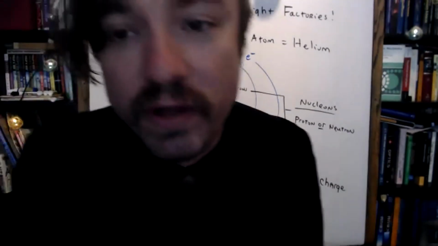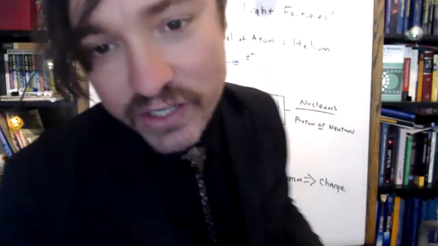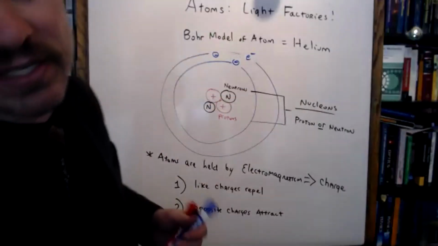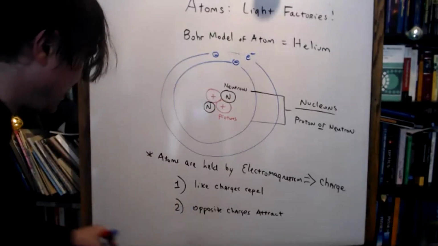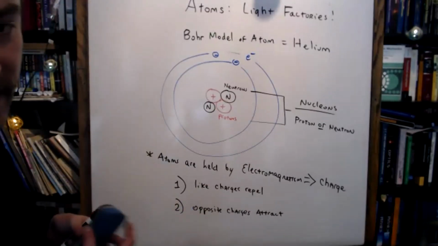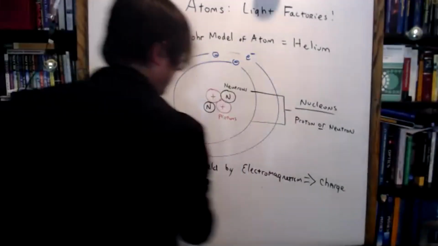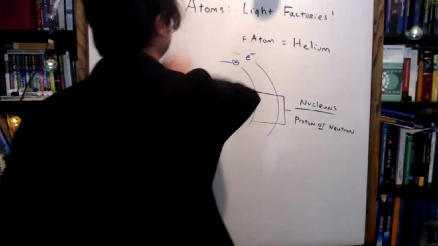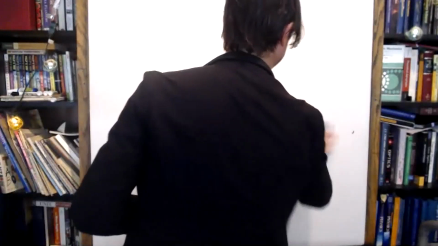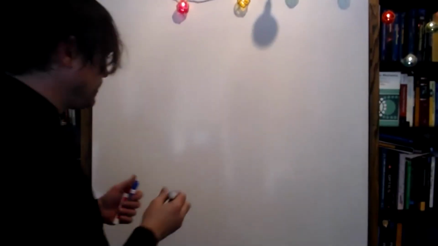Let me show you a cool comparison about the difference between mass and charge in our three atomic particles here. I want to do a little table with you. I need to erase this though, okay? I'm erasing. I think this next table is an important thing to keep in mind.